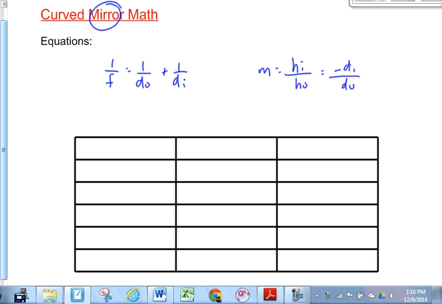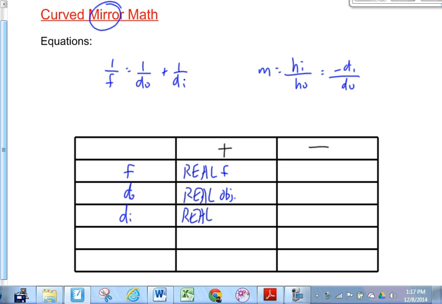What about sign conventions, positive and negative? Well, the first 3 variables, f, do, and di, are all associated, once again, just as they were with lenses, with real. So f is real if you have a real focal point. do is real if you have a real object.